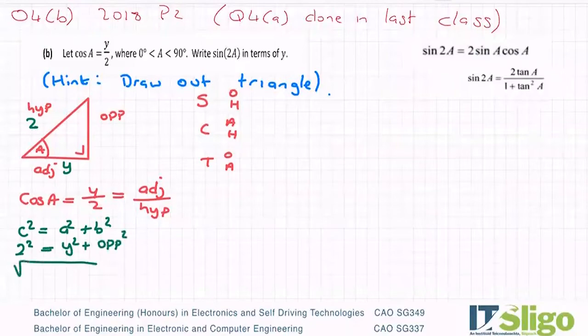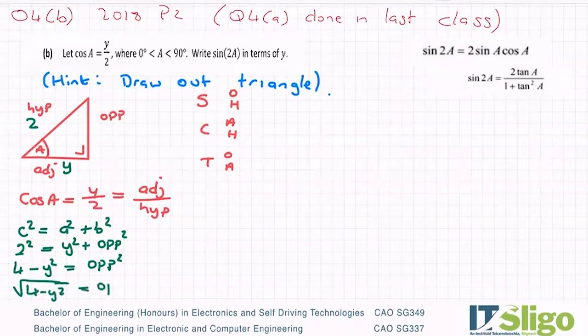So 2 squared is 4 minus y squared is equal to opposite squared. So the square root of 4 minus y squared is equal to opposite. Okay, I hope that makes a little bit of sense. So this is the square root of 4 minus y squared.